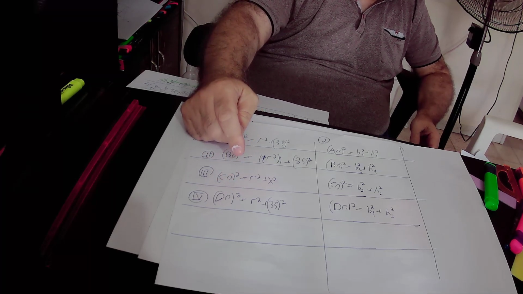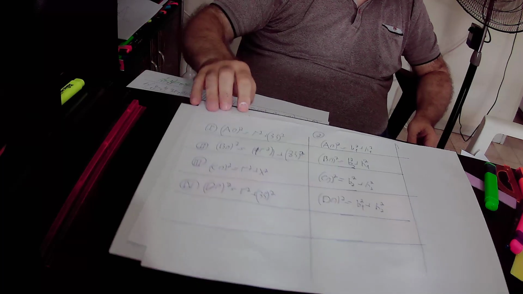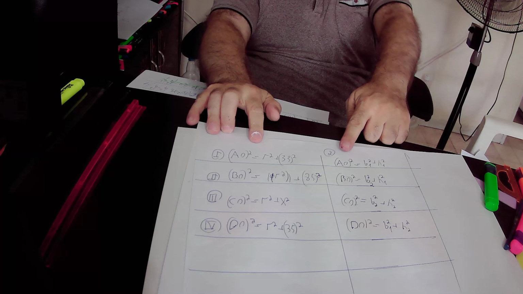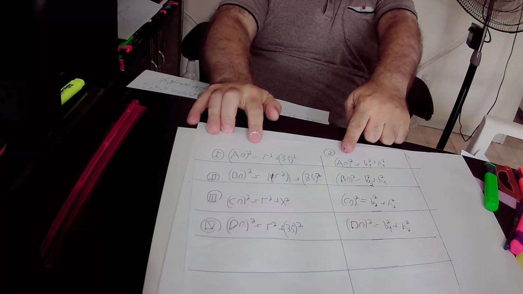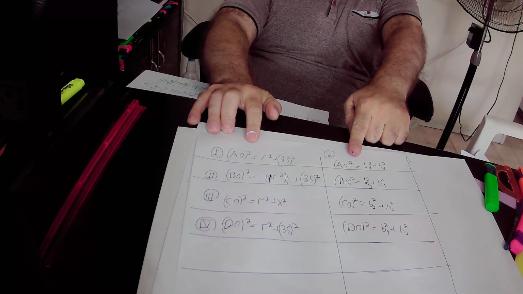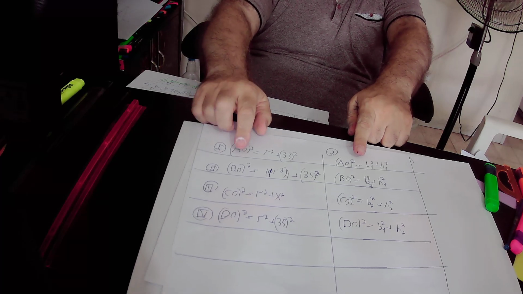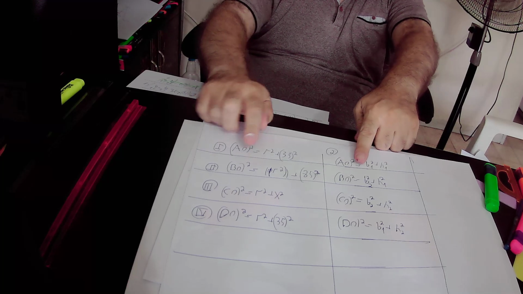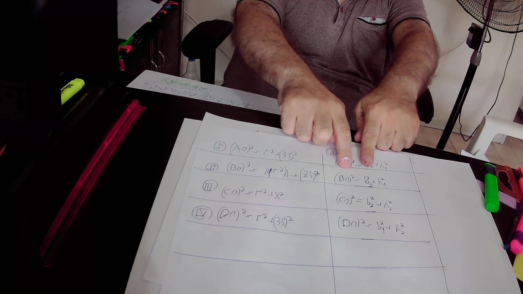Then we created equation number 1 that states that A whole square according to equation number 1 must be equal to A whole square according to equation number 2. Then we created equation number 2 that states that B whole square according to equation number 1 must be equal to B whole square according to equation number 2.